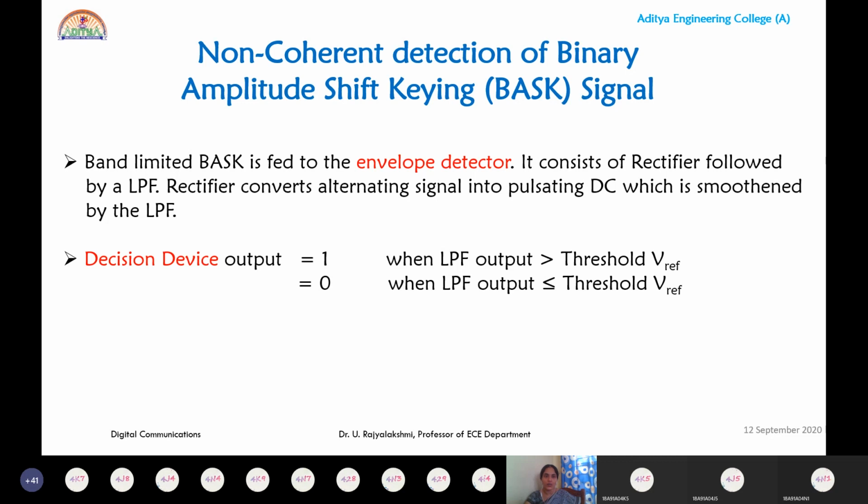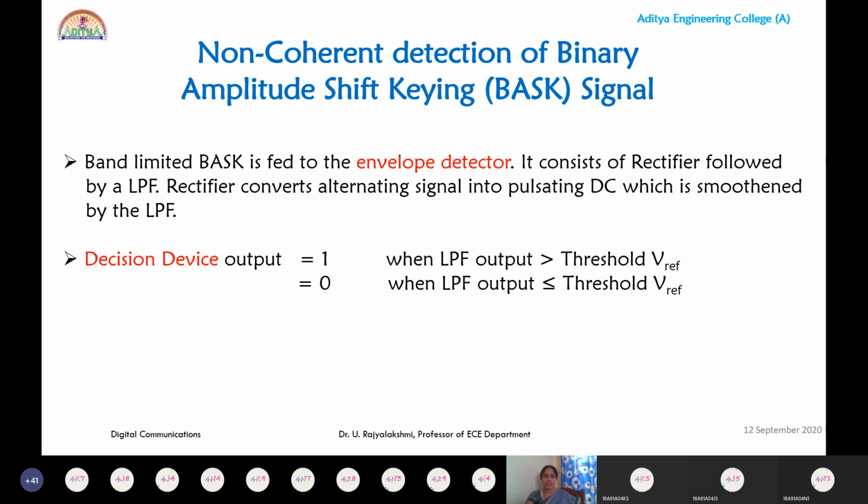What will this rectifier do? The rectifier converts the alternating signal into pulsating DC. This is smoothened by the low pass filter. So the envelope detector consists of a rectifier section followed by a low pass filter. The low pass filter output is once again compared with the threshold value.